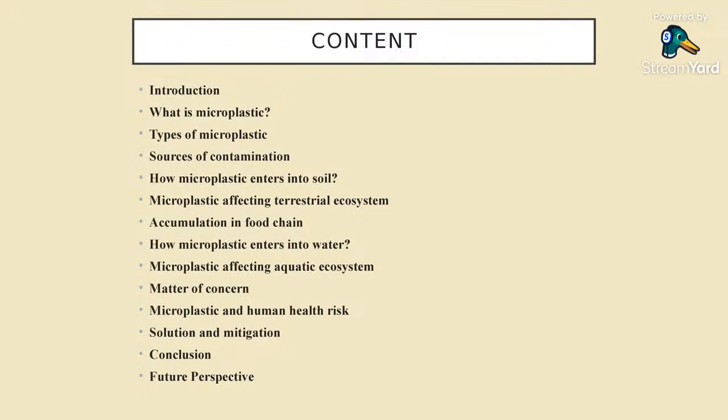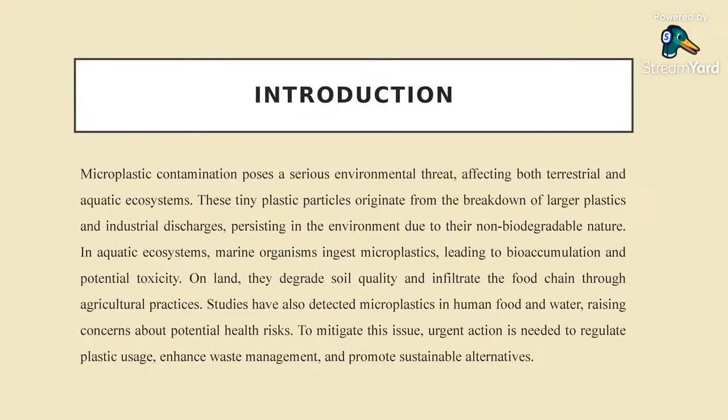So today we're going to discuss the introduction, what is microplastic, types of microplastic, sources of contamination, how microplastic enters into soil, and how microplastic is affecting the terrestrial ecosystem, its accumulation in the food chain, how microplastic enters into water bodies and affects the aquatic ecosystem, matters of concern, microplastic and human health risk, solution and mitigation, then coming over to conclusion and future perspectives.